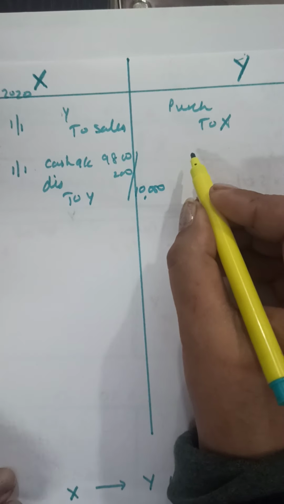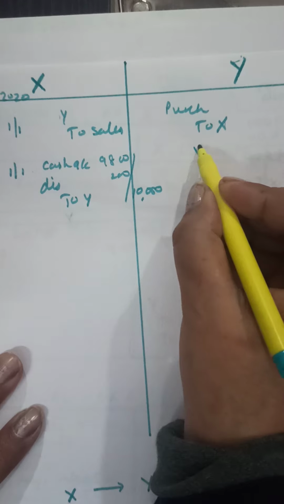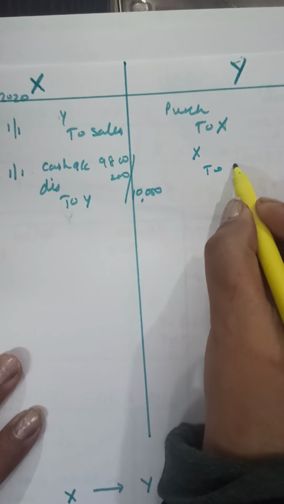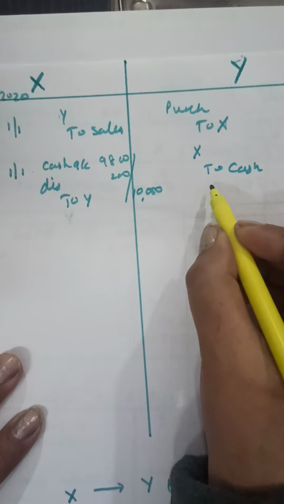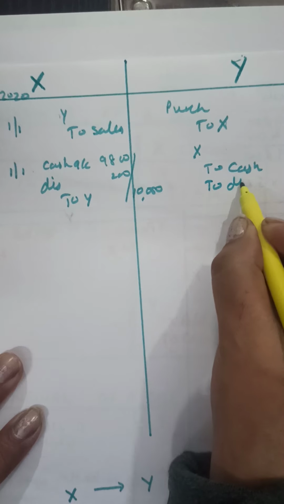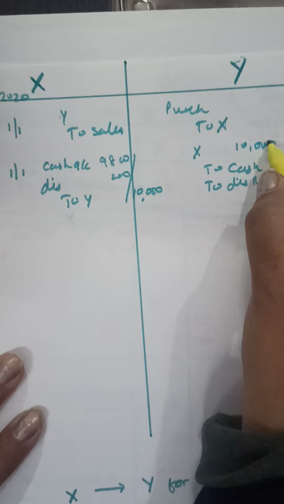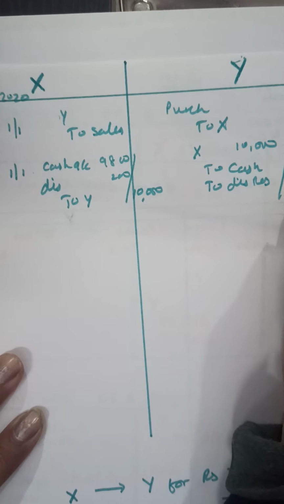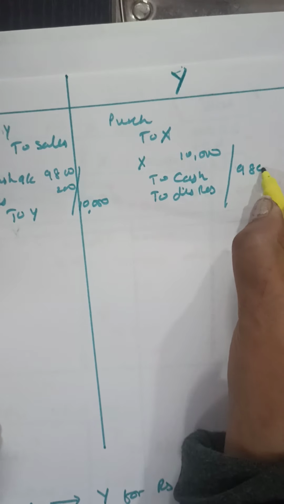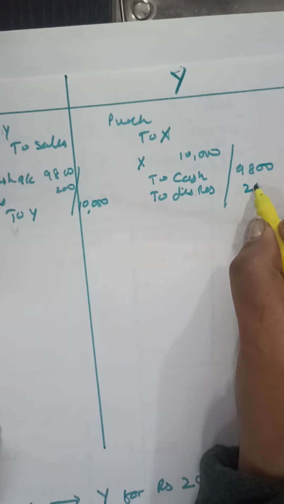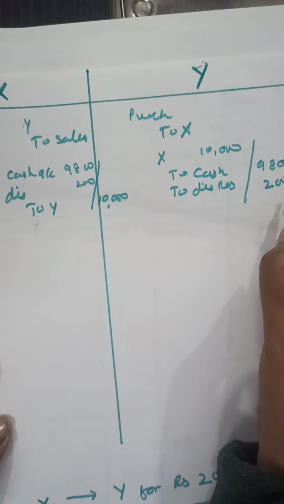And in the books of X it will be, otherwise it would have been X to cash. Now because there's a discount received also, X to discount received 10,000, cash paid 9,800 and discount received 200. This is in the books of the drawee.